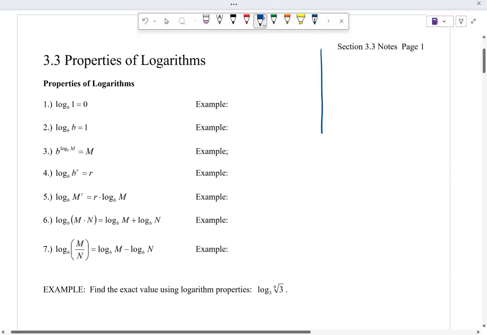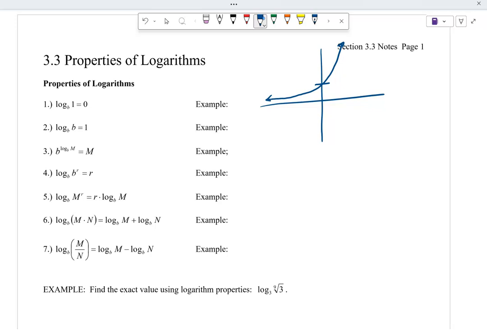I want to first remind you about exponential functions, like for example, y equals 2 to the x, which has that horizontal asymptote y equals 0, and its inverse. So if I flipped all those points, instead of 0, 1, I have 1, 0.